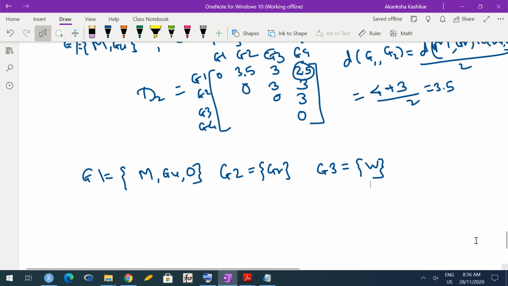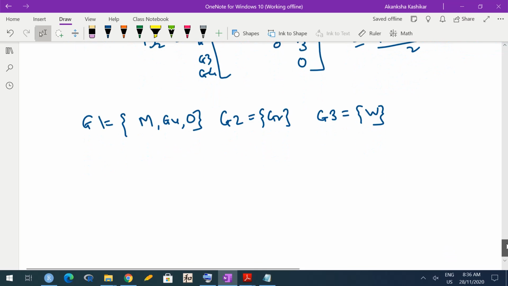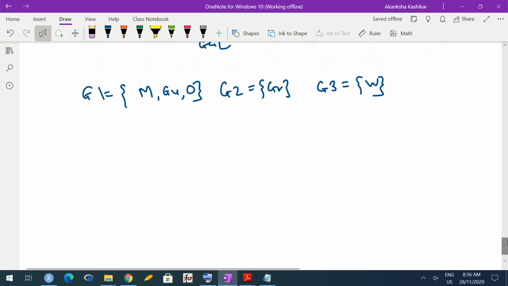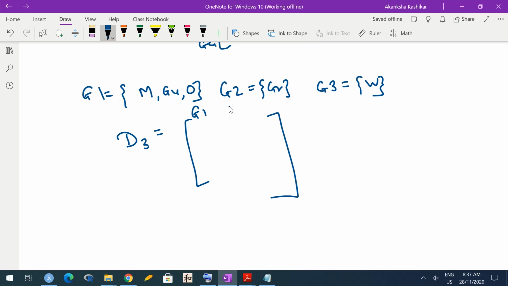Okay. Now let us prepare a new distance matrix based on these 3 groups. Now this step is crucial. Okay, this is a slightly unexpected thing. So G1, G2, G3 along both axes. Of course, diagonal entries are 0.